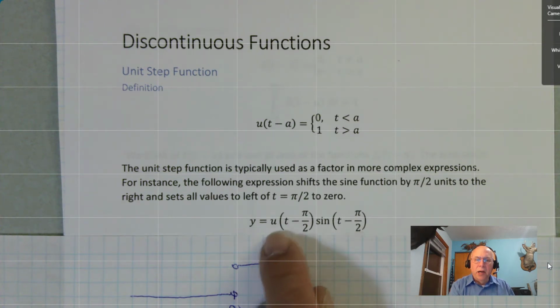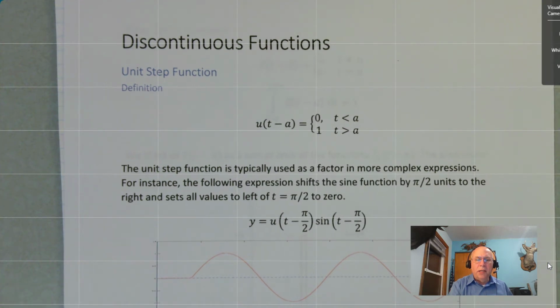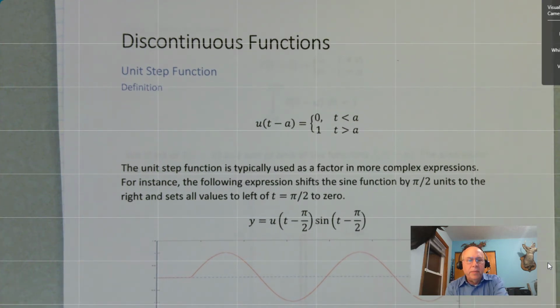And this means we turn it on at pi over 2 units, and it's off until you get there. So if you were to look at the graph, you would actually see something like this. The function is just hovering along at 0 until you get to this point, which is pi over 2, and then it turns on and it continues to run.